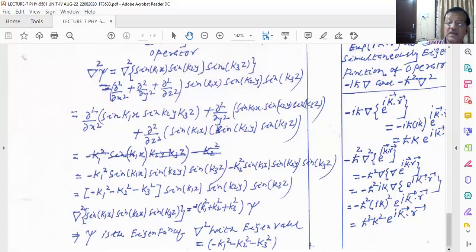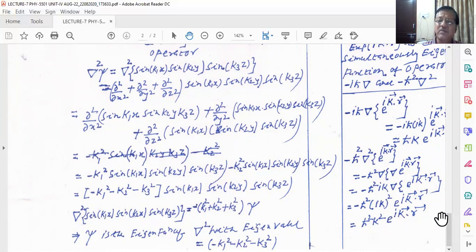So what is that eigenvalue? That is minus k1 square, minus k2 square, minus k3 square. This is a simple problem, but sometimes they may ask you in MCQ type problems or some other way; your examiner can ask you to find energy eigenvalue equations, or eigenvalue problems also. So this will help you.